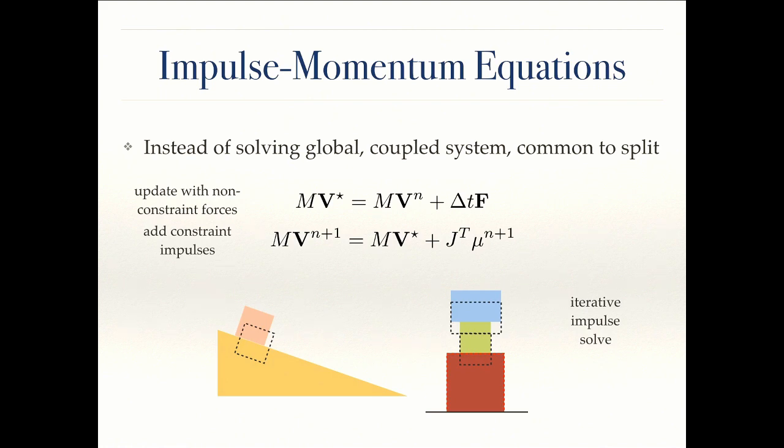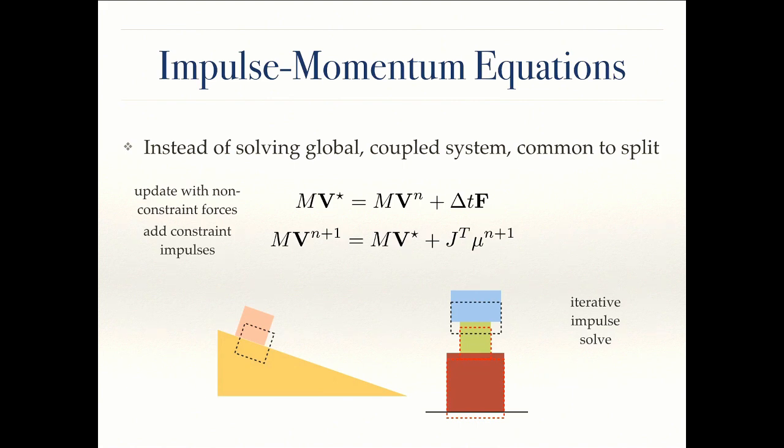But that created a constraint violation with this block right here. So maybe now I'll correct that pair. After that correction, these two are not colliding anymore. But because of the correction, I moved a little bit back into the ground. Not as much as before, but I'm still violating this again.